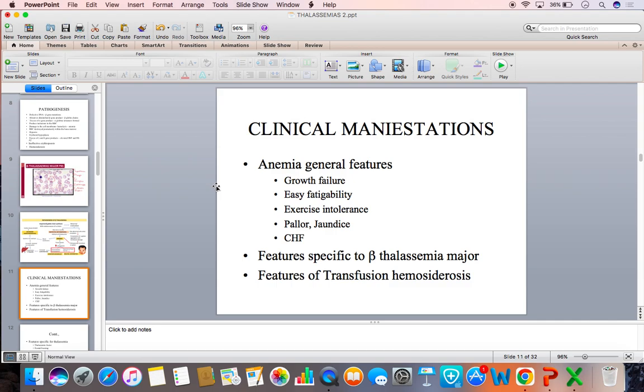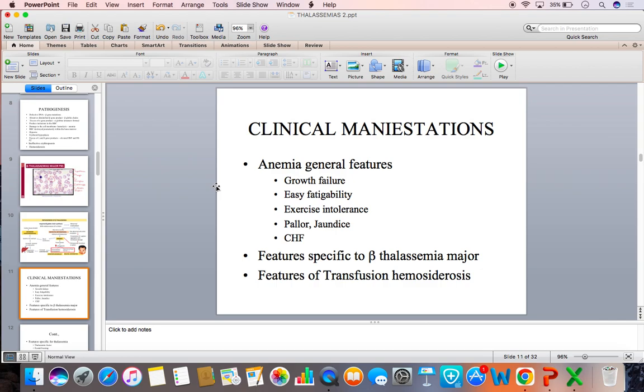Anemia or general features, that is growth failure, easy fatigability, exercise intolerance, and when you examine the child, there is pallor, jaundice, and features of congestive heart failure. When the anemia is not treated and there is a gradual drop in the hemoglobin content, ultimately the child suffers from cardiac or congestive heart failure.